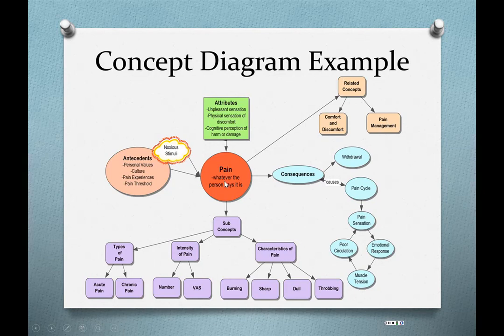And then under the main concept were the concepts of the types of pain, intensity of pain, and characteristics of pain. All important parts of pain, but not quite specific to the pain itself, the major concept, but are considered subconcepts. So this is just an example of what a visual diagram possibly might look like.